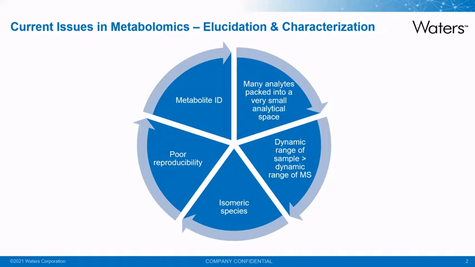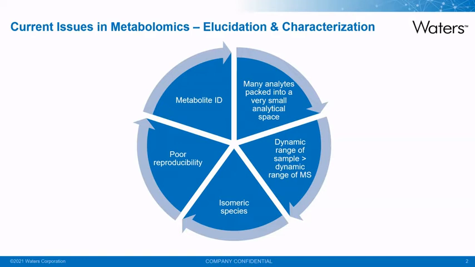Additionally, there are many isomeric forms of the compounds we're looking at, and these possess some of the same masses, and sometimes the same retention time information. So really understanding the impact of the isomers within our samples can be a challenge as well. And due to the many different analytes and different responses that they exhibit, and the impact on the instrumentation from chromatography to the detector, this can lead to poor reproducibility.